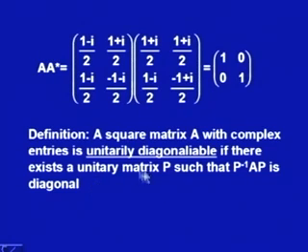So, the basic difference is, for a diagonalizable matrix we should have a matrix P which is invertible such that P inverse AP is diagonal, but the difference here is the matrix P is not only invertible, but it is a unitary matrix. So, if we can find such a matrix P, then we say the matrix A is unitarily diagonalizable.